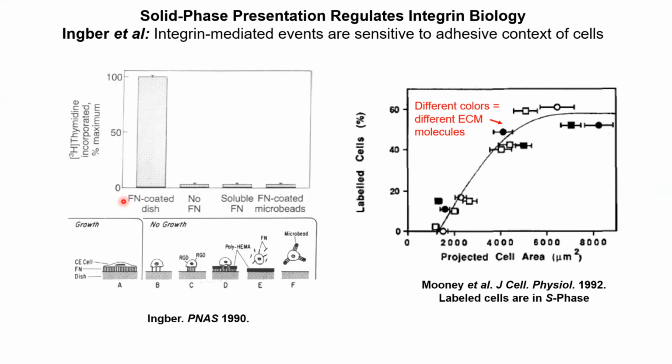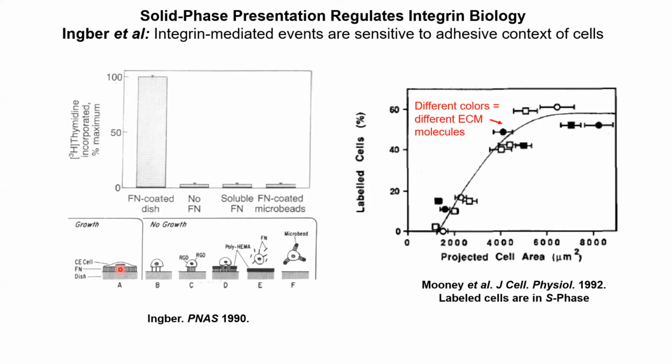It matters that cells can exert tension on the fibronectin. So in this experiment, Don used tritiated thymidine incorporation. This is an assay for proliferating cells. And he looked at cell proliferation in response to the availability of fibronectin. Now he presented fibronectin either as a coating on a dish. This allows cells not just to stick to the fibronectin, but actually to pull on it and exert tension and spread.